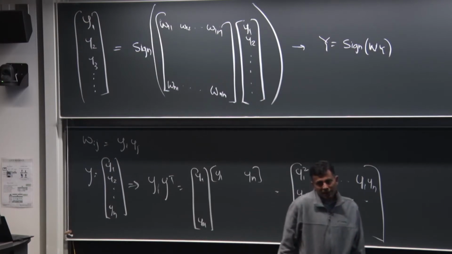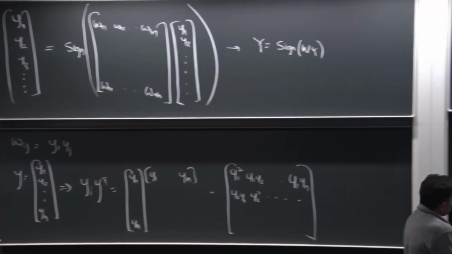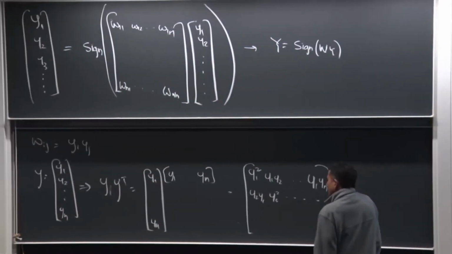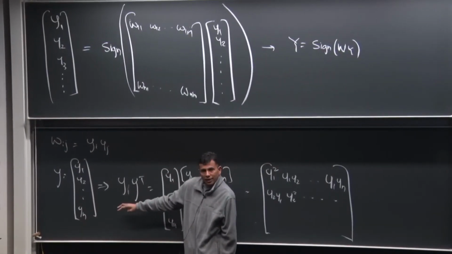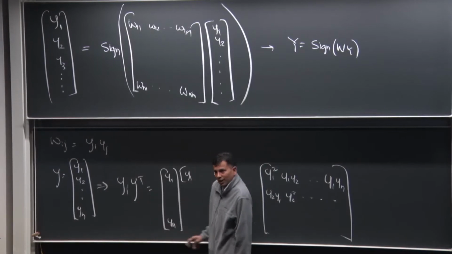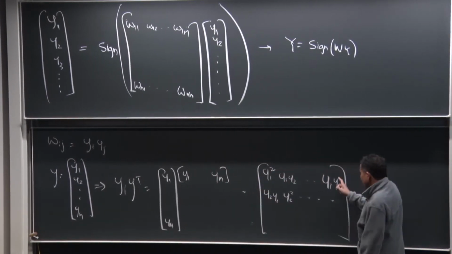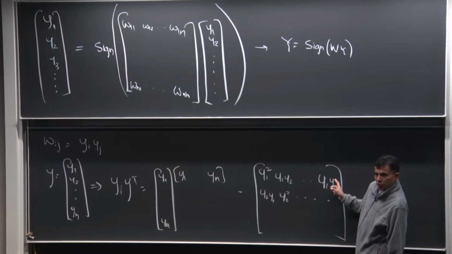So if I just write the outer product of a pattern with itself, that's simply going to give you this matrix where every entry is the product of two terms.